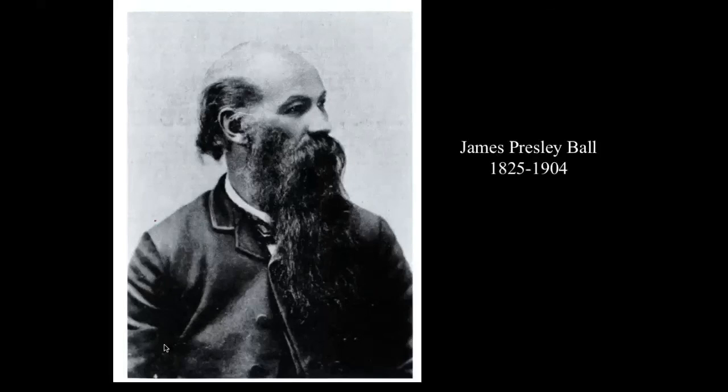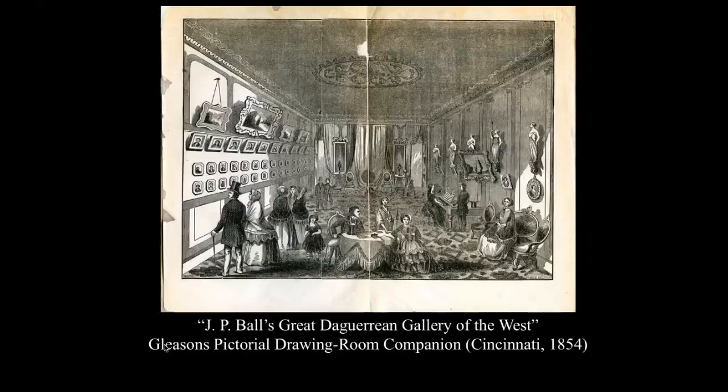Okay. So in the 19th century, a real amazing breakout artist is the photographer James Presley Ball. He's from Cincinnati. He started out on the East Coast and moved west, as a lot of people were doing in the antebellum period. He learned to make daguerreotypes in Boston from an African American daguerreotypist, and then opened a great daguerrean gallery of the West in Cincinnati.